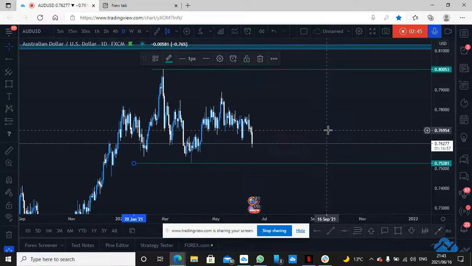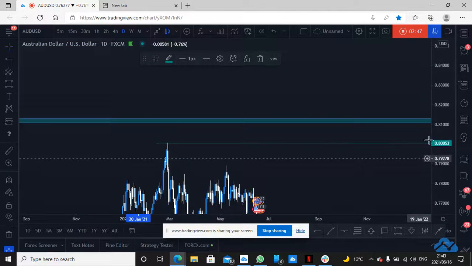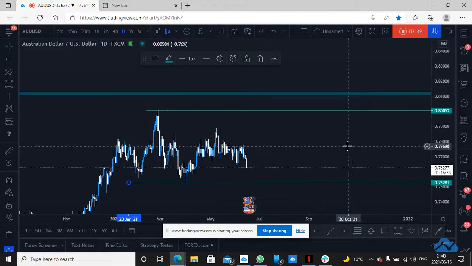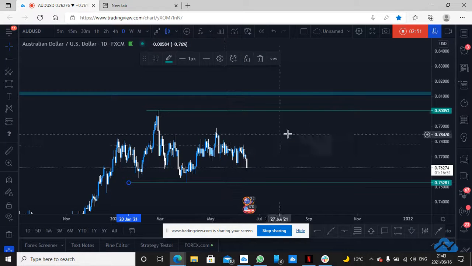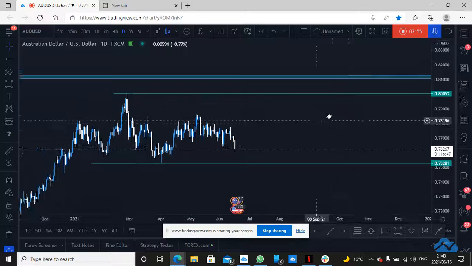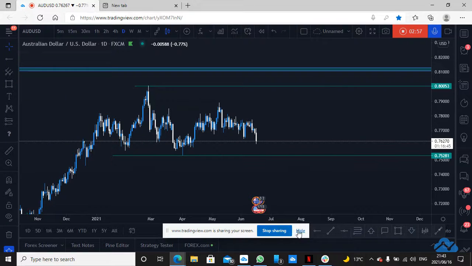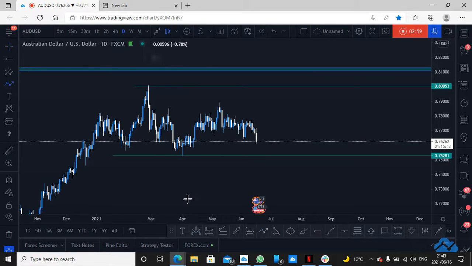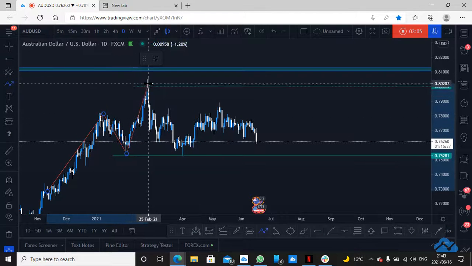Now within these areas, guys, there is also something happening with price. Look at what is happening with price here. We moved from an impulse up, and then we corrected, and then we impulsed up. We created our highest high, right?